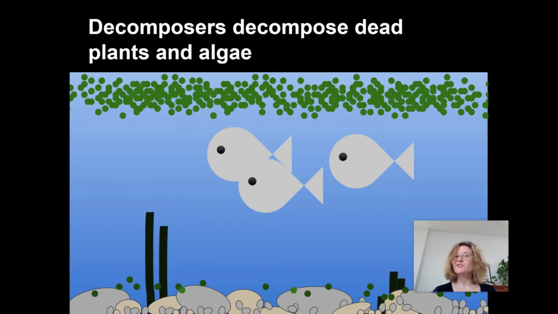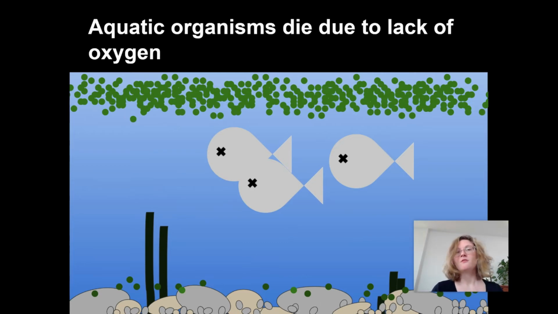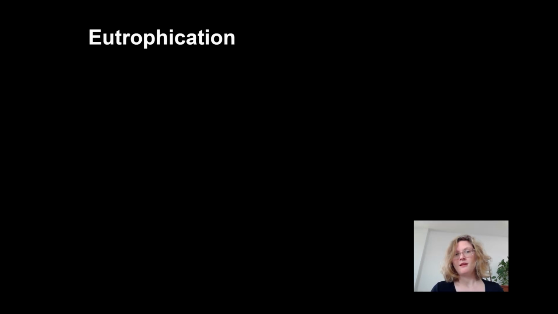And when decomposers decompose, what they're doing is performing cellular respiration, which means they need oxygen. The decomposers are using all of the available oxygen in the water, leaving no oxygen available for the rest of the organisms that live there. We're dead.